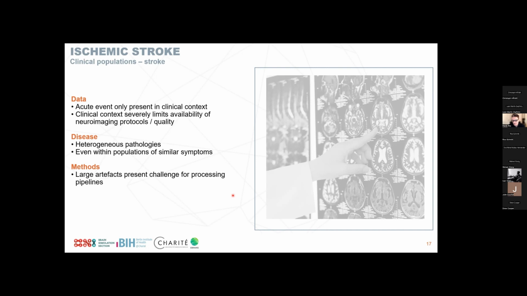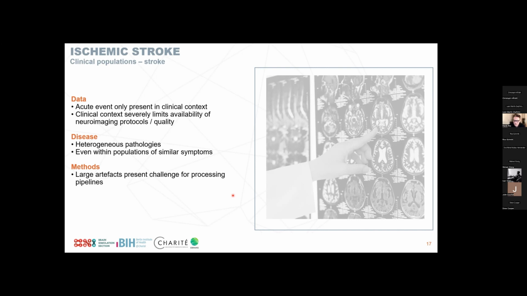But as we're talking about patient data here, we will only find this data in the clinical context, right? If you have a stroke, you present yourself to the emergency room or some other place, either way in the hospital. The actual data acquisition generally takes place in the hospital as well, and there are specific limitations. For example, if we think about the actual timing for data acquisition, right?